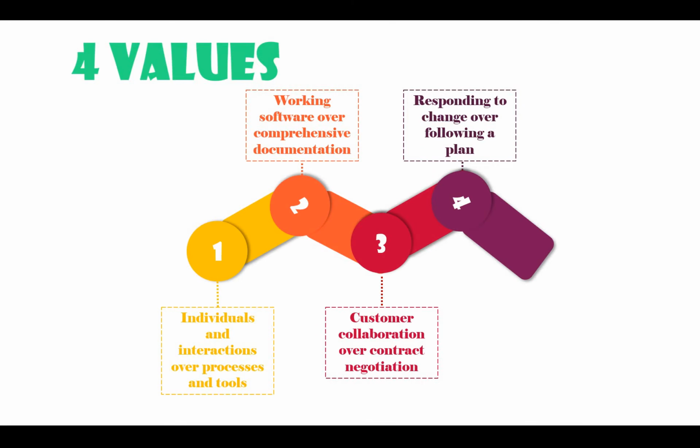In the normal waterfall model, we have a defined plan where the customer discussion mostly happens at the beginning, during planning and design, and maybe at the end to review it. In between, usually you won't take any changes because it has to go through a lot of change control and approvals. But in Agile, since Scrum is a time-boxed model, after every 2 weeks, if you have some changes, you can add them to the next sprint.